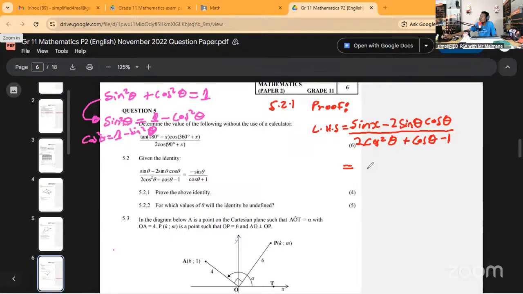So when I simplify, on the numerator, I have a common factor. My common factor on the numerator is sine. So we have sine theta there, and we have sine theta here, which is the common factor. And then I'm going to take my common factor out on the numerator.